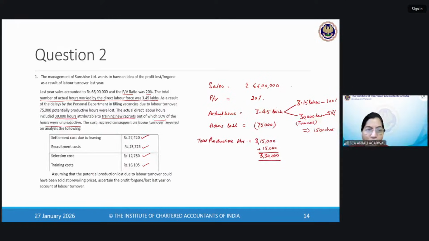So, what is your cost because of labor turnover? 27,420 is the settlement cost plus 18,725 is your recruitment cost plus 12,750 is the selection cost plus 16,105 is the training cost.